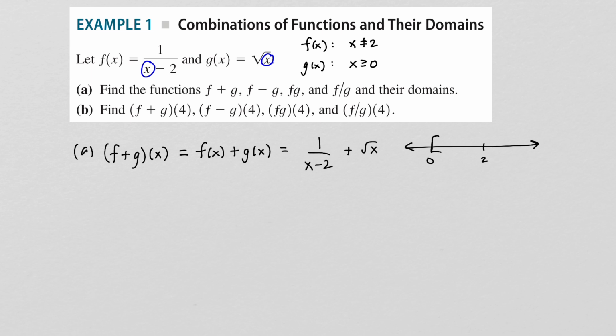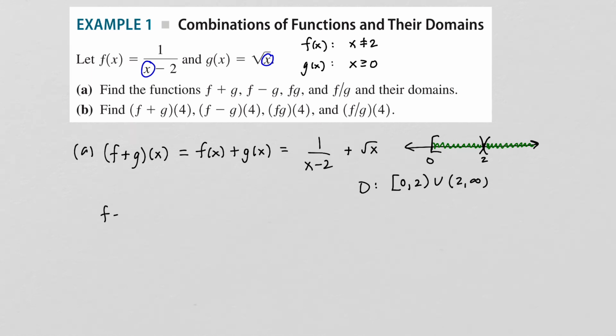So we're going to have a parentheses here and a parentheses here, and the domain is going to be all the numbers between 0 and 2, including 0, but not including 2, and then also all the numbers greater than 2. So the domain here in interval notation would be all the values from 0 to 2, union all the values from 2 to infinity. And in each of these cases, we are not including 2.